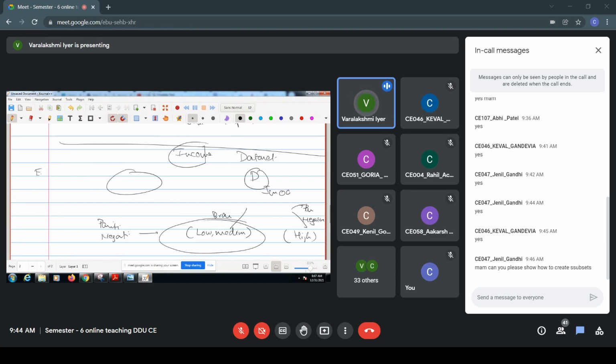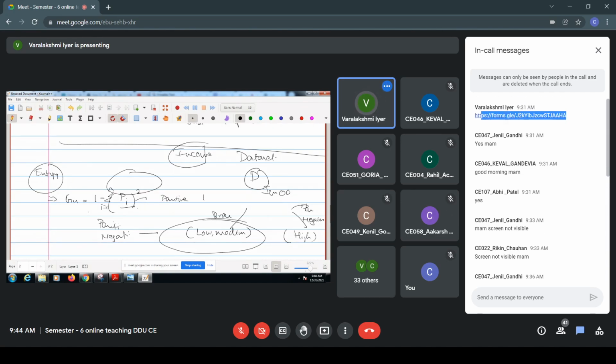In the case of entropy, how we calculated, in the similar manner you have to do in this case, only the formula is different. The formula for Gini impurity is 1 minus the summation of p_i squared, i equals 1 to m, where you take two probabilities, one for positive and one for negative, and that gives the Gini impurity value.